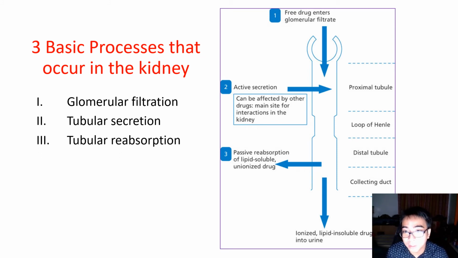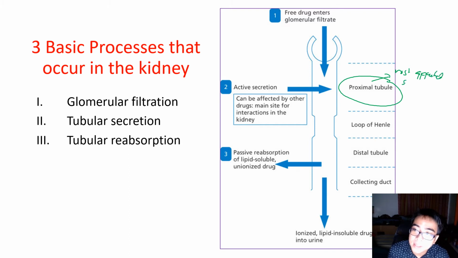Okay, then this will then involve an active secretion process, specifically in the proximal tubule. Okay, and most of the time, class, drugs can affect this site here. Right, this is the most affected site of the nephrons.